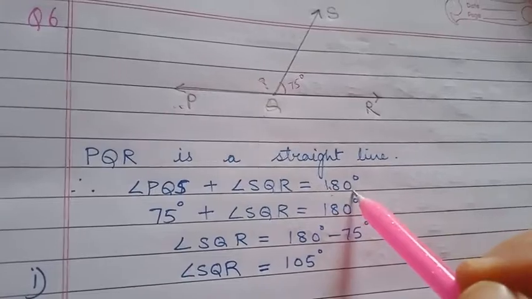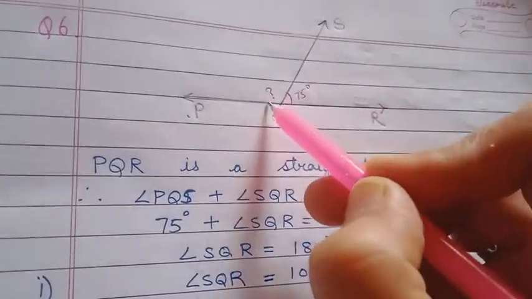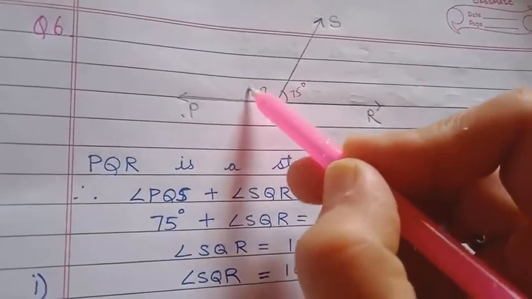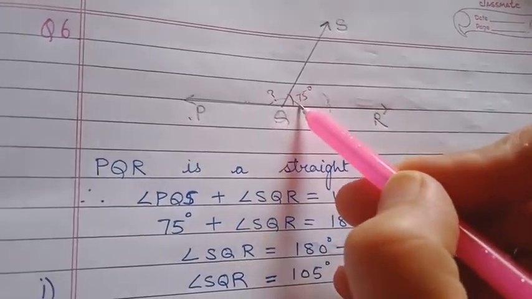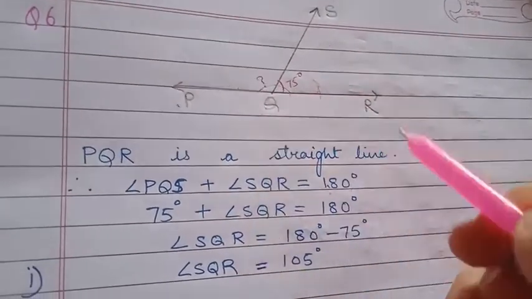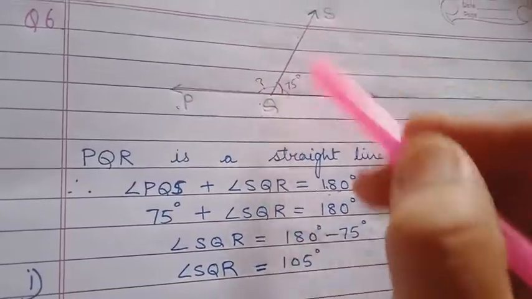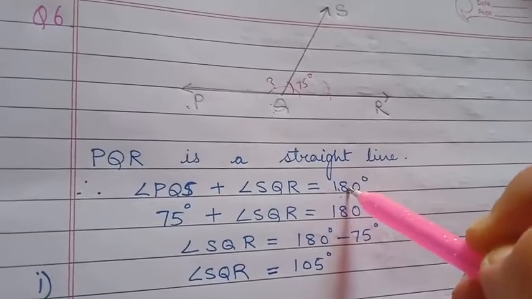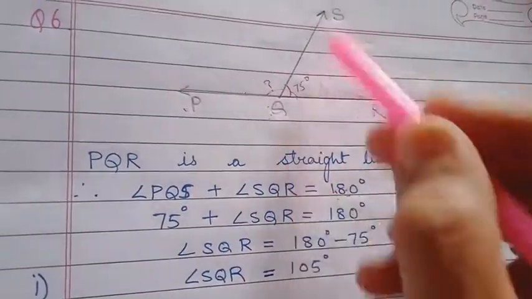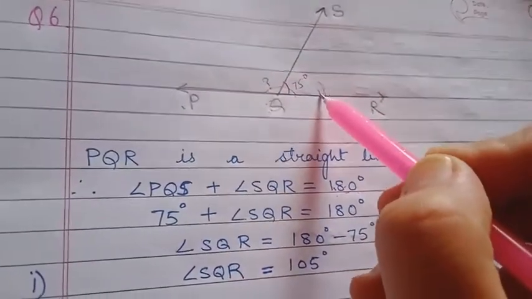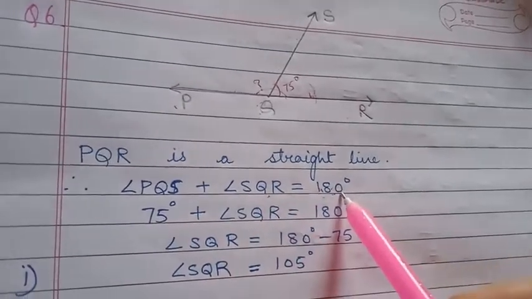You will say why 180 degrees? Because this is a straight angle. Straight angle means 180 degrees. So angle PQS plus angle SQR is equal to 180 degrees, because PQS and SQR, if added, will form 180 degrees.